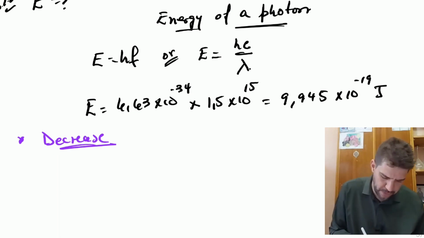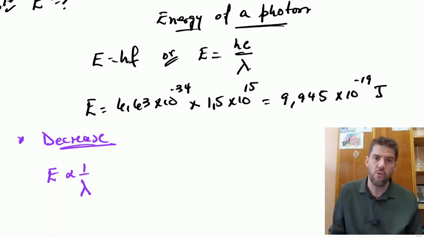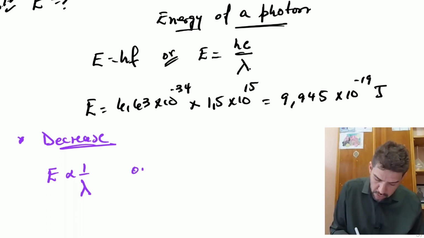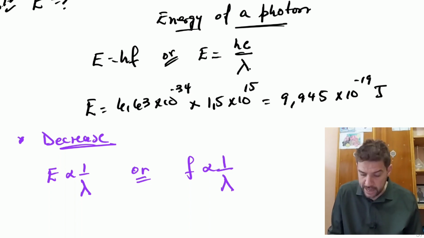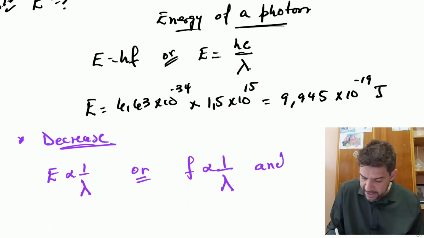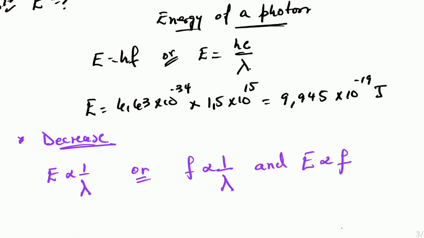Why decreases? Energy is inversely proportional to wavelength. If you want, you can write like that, or you can write frequency is inversely proportional to wavelength, and energy is directly proportional to frequency.